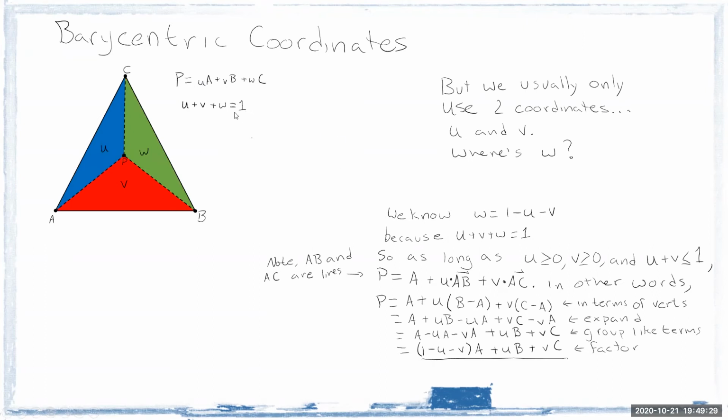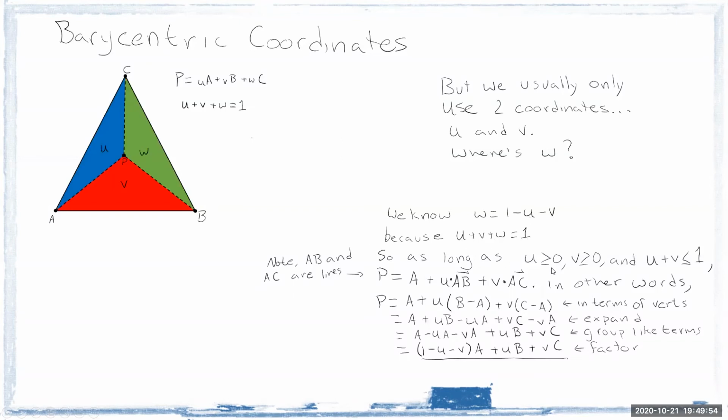Normally we only use 2 coordinates, which I've said before as U, V coordinates. So what do we do with W? Well, we know W equals 1 minus U minus V, because U plus V plus W equals 1.